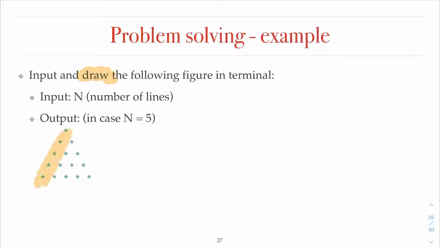Okay, this figure, right? Okay, and there we go. We have an input n, which represents the number of lines you have to print out. In this particular case, it's 5, so you have 5 rows. And yes, the output is the following thing, right?